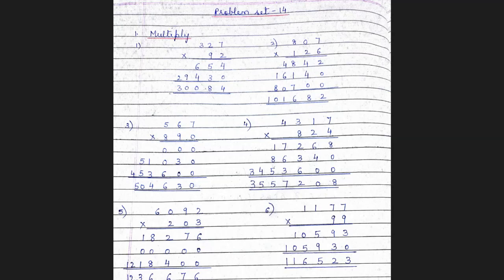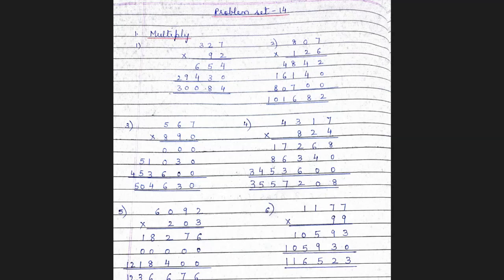807 multiplied by 126. 6 sevens are 42. 2 carry over 4. Now this 4 is on top of 0. 6 into 0 is 0. 0 plus 4, 4. So 4 comes next to 2 to its left. 6 into 8, 48. So I write 48 there.